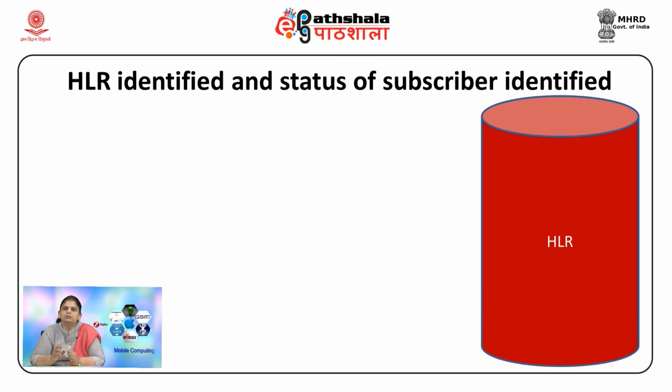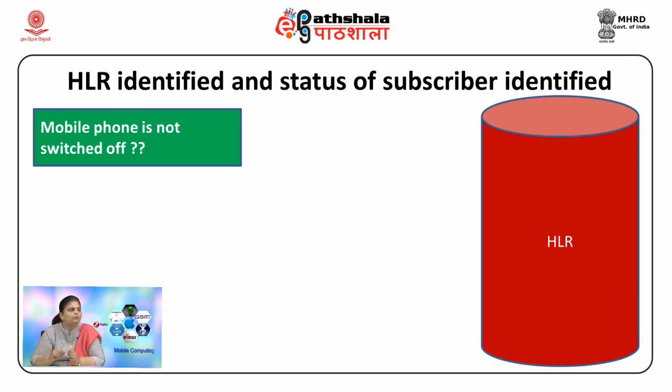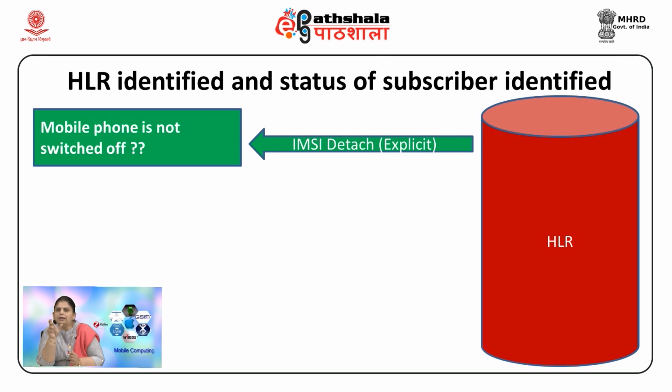So, how are these 4 pieces of information retrieved from the HLR? Mobile phone is not switched off. You can see in the diagram that some information known as IMSI detach has been provided by the HLR. What is this? This is a field.